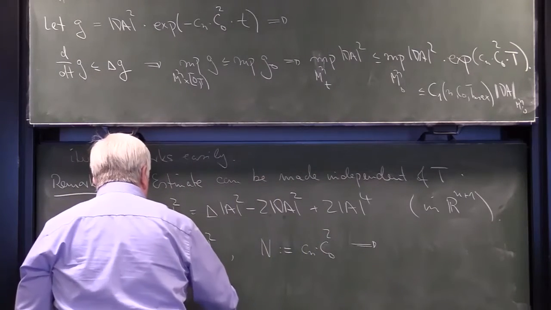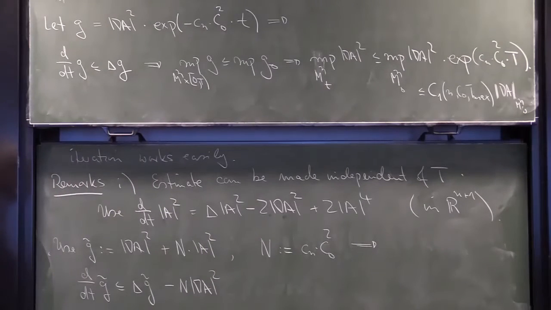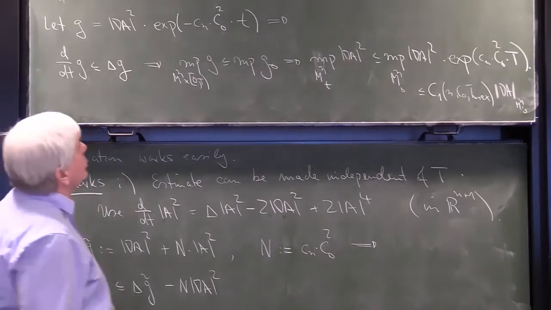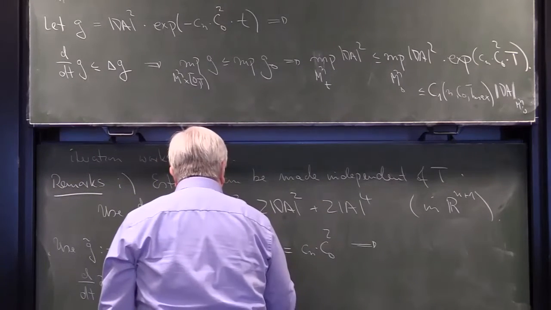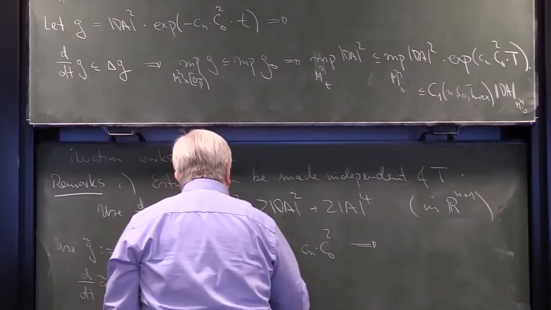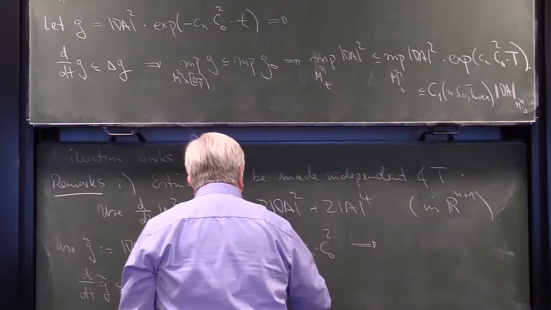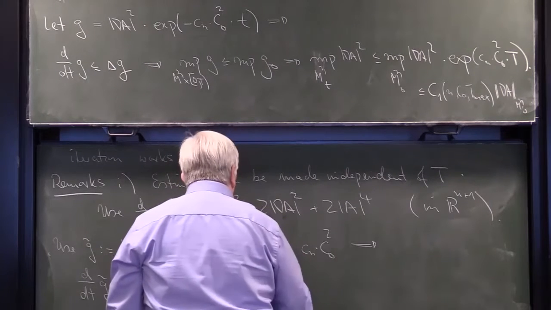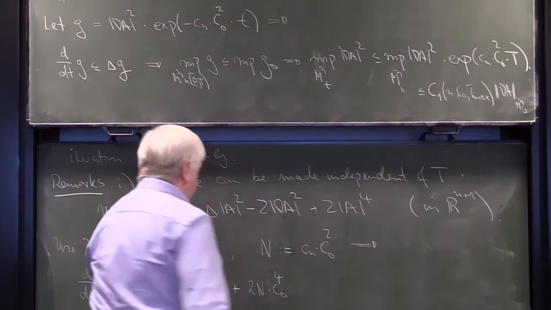You still have a minus gradient A squared left over. And you pay for that with this term here. But A to the 4 is estimated by C0 to the 4, which is a constant.